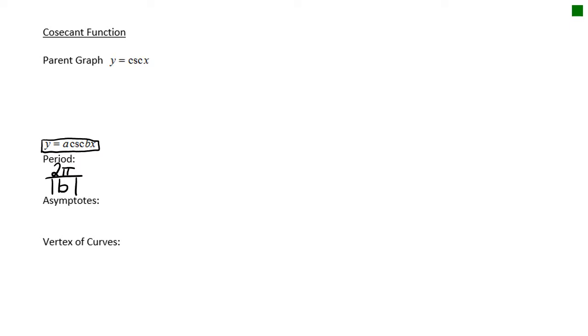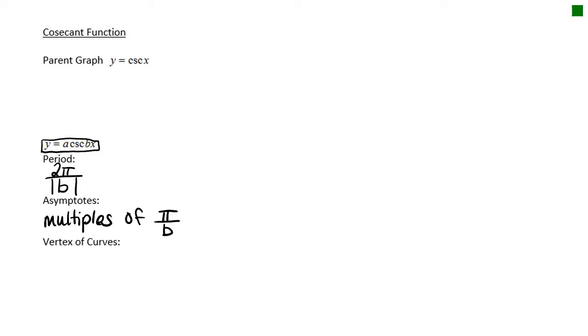So the reciprocal of 0 is undefined. So now we're going to talk about asymptotes at multiples of pi over b. And then we'll talk about the vertex of the curves in a second.